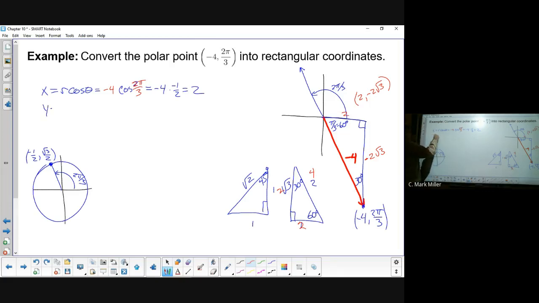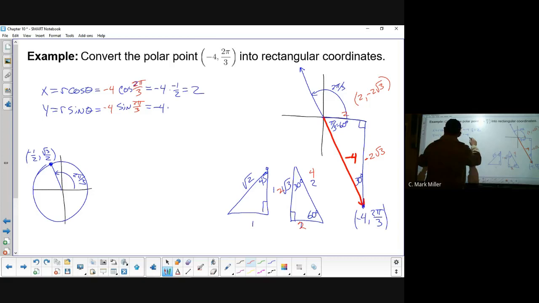Our y is r sine theta, which is minus 4 times sine of 2 pi over 3. What's sine of 2 pi over 3? The y coordinate there. And this is going to be minus 4 times square root of 3 over 2, which is minus 2 square roots of 3.